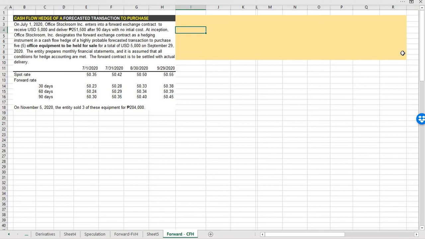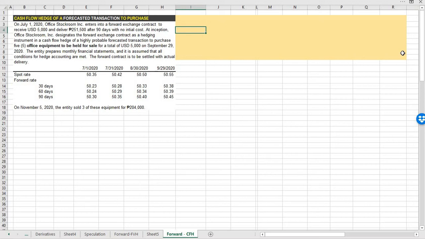So, ngayon, nandito na tayo sa ating Excel file. So, ganun uli, bago tayo mag-prepare ng journal entries, gawin muna natin yung ating schedule. And again, ang ating gagawing schedule is only for the hedging instrument. Kasi sa hedging instrument lang tayo magkakaroon ng monitoring ng fluctuation ng exchange rates. Kasi since ang ating hedge item is a forecasted transaction, ibig sabihin wala tayong journal entry during the term of the forward contract.